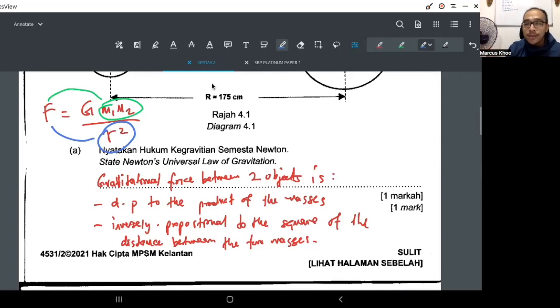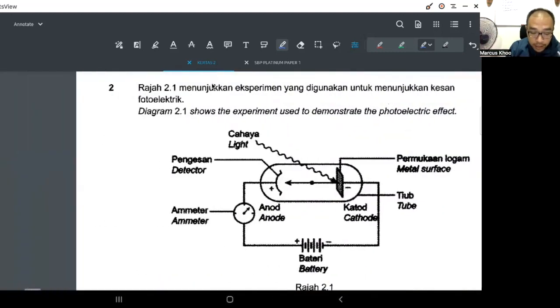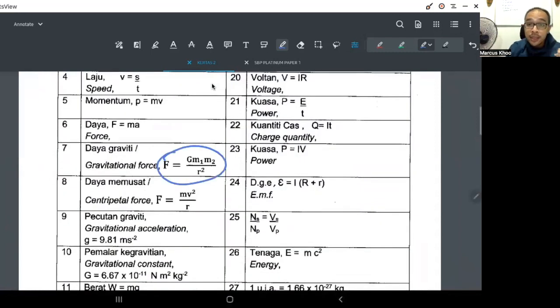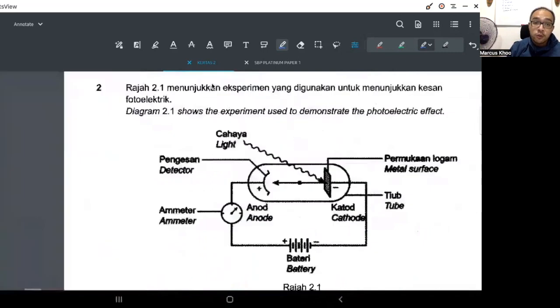Then inversely proportional to the distance squared. I don't think it's a problem because you are getting the relationship right. So my definition is not wrong, and in this particular paper, the formula for gravitational force is given, so it can be an advantage to you to refer to the formula.